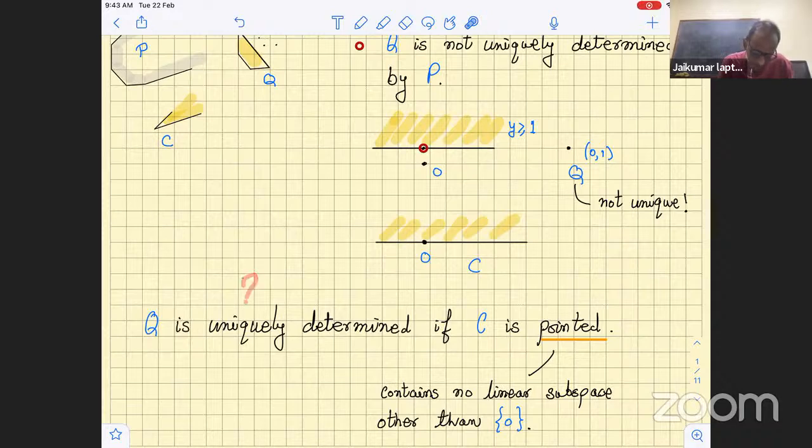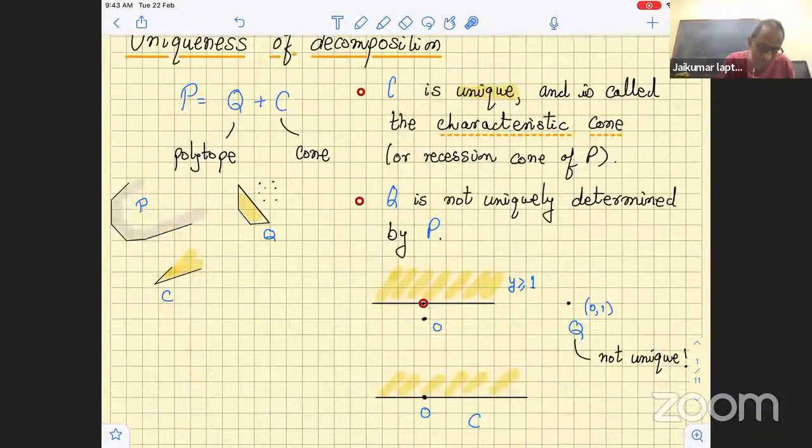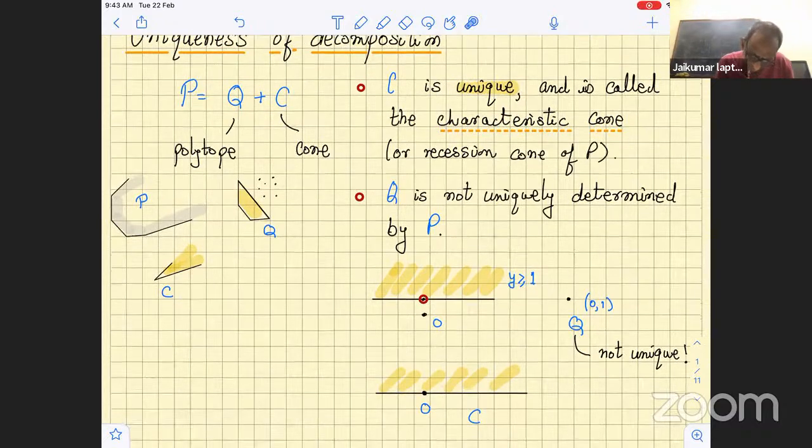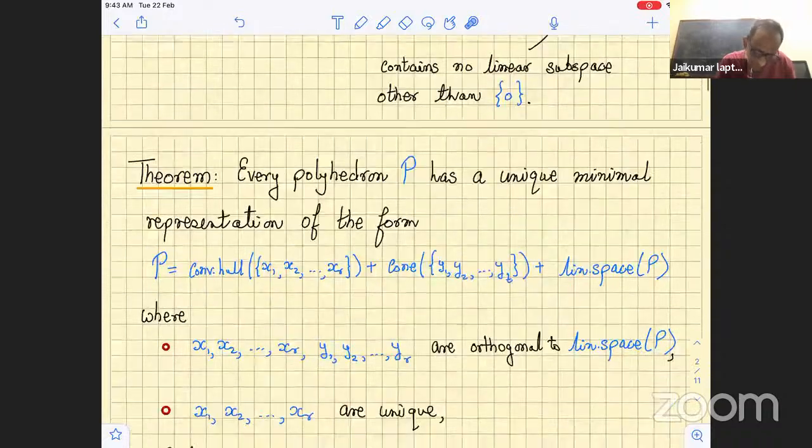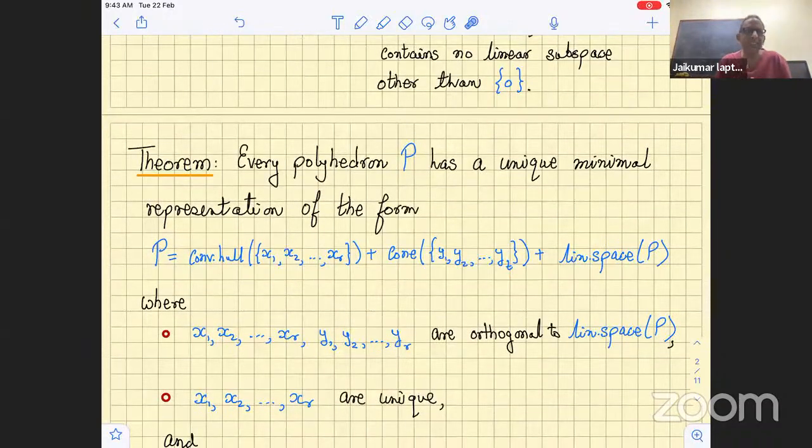Again, one has to be a little careful about how, but this Q will be uniquely determined once you tell me the polyhedron. But when the cone is not pointed, then you have trouble. But actually, there is a better, more fine-grained decomposition theorem. I want to state that, and then we will continue.